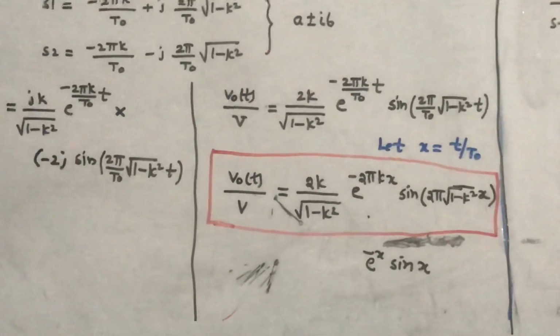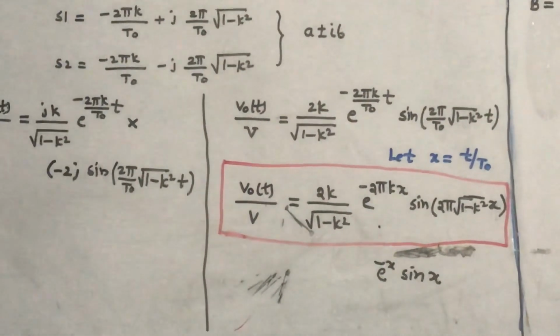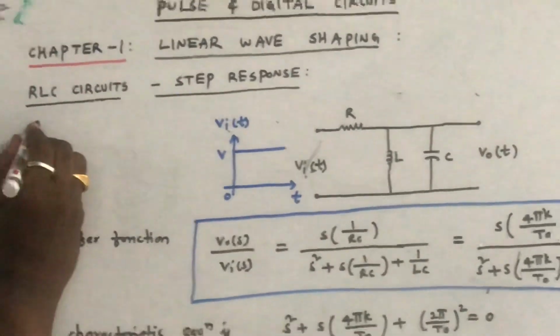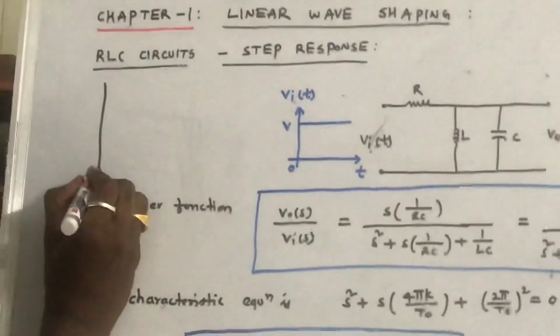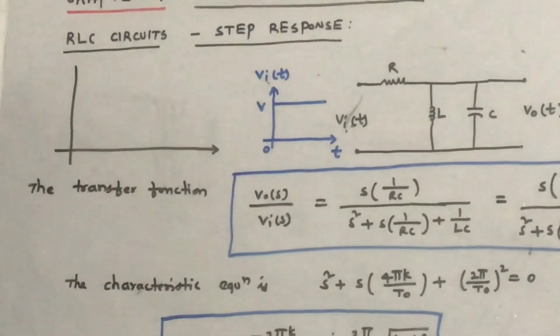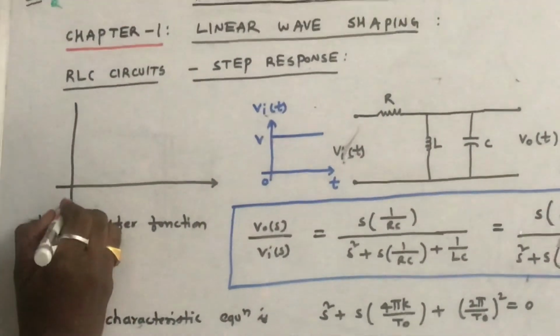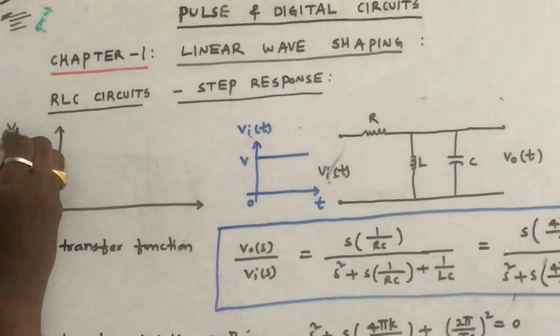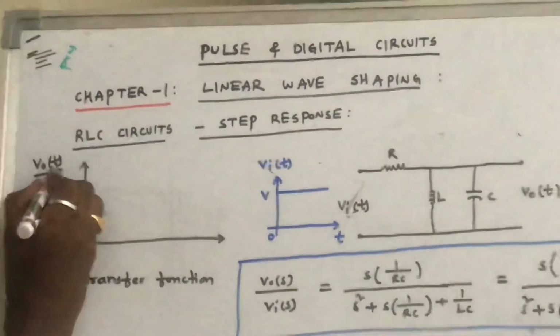So let us draw the nature of response for this circuit. This is the step input which is given to this circuit. So let us draw the output under this case. So this is V0 of t by V as we are writing.